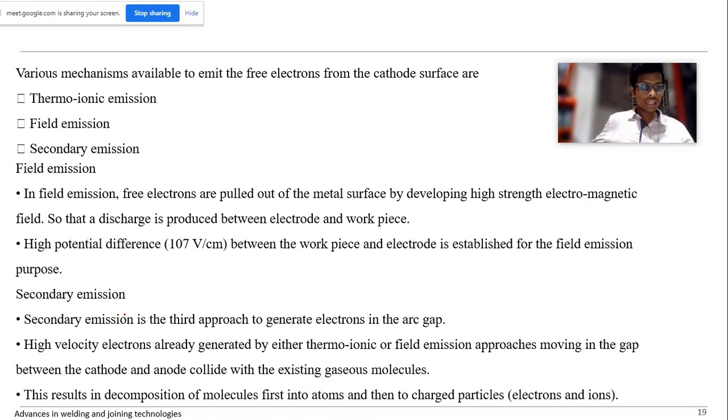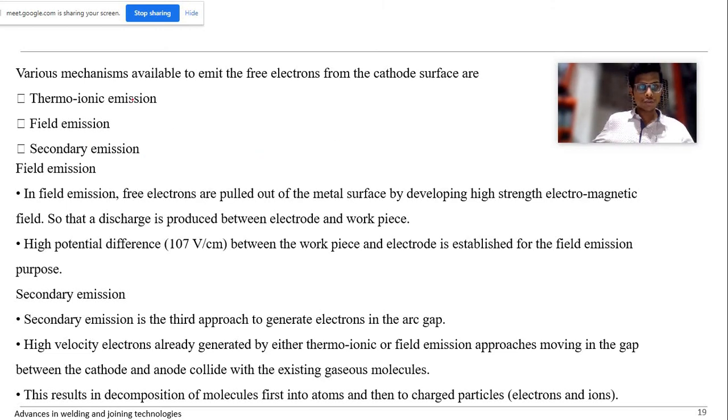Secondary emission, the best example is in arc welding, for instance GMAW, gas metal arc welding. There will be a gap, and still electrons will flow, right? That is mainly due to secondary emission.